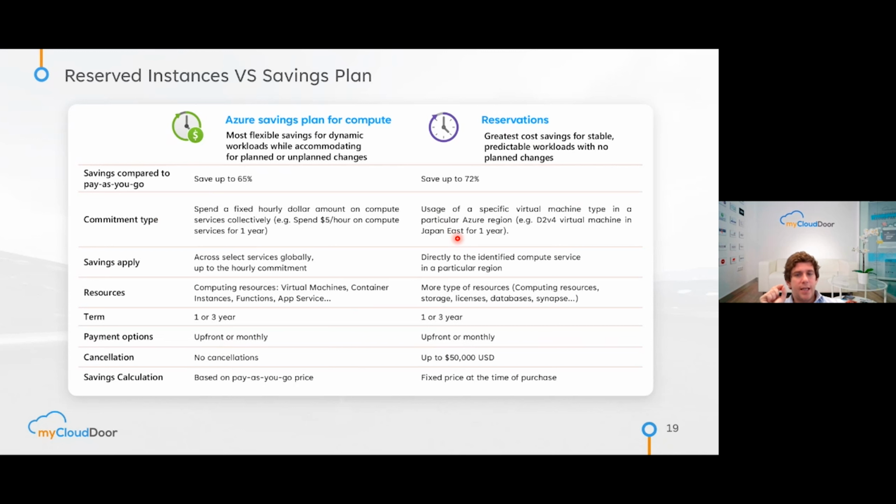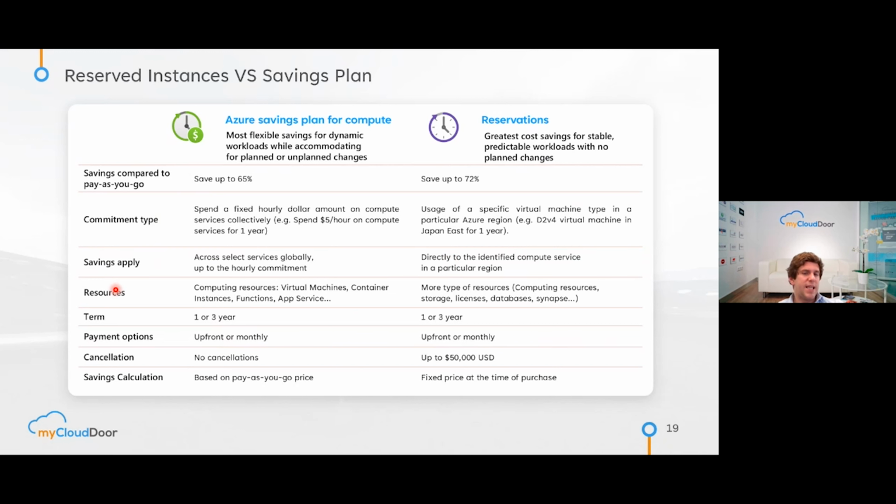With reservations, I reserve a specific SKU in a specific region. So the savings here apply to all the services that are available for savings plan. With reservations, it goes directly into the specific resource.